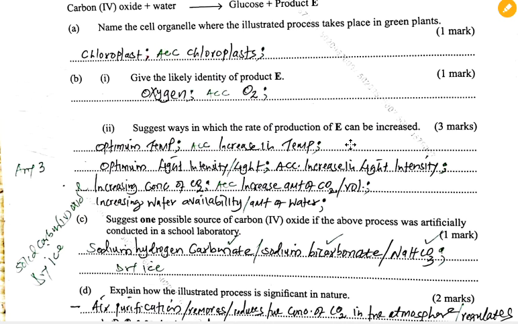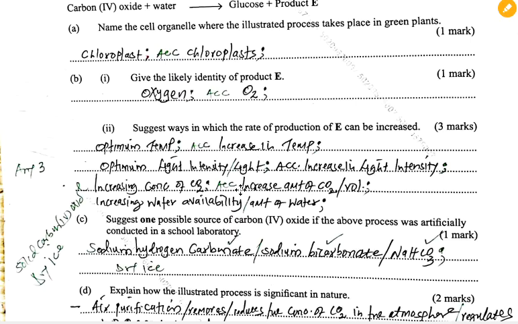And because photosynthesis is enzyme controlled, it means the process is affected by factors which affect enzymes, for example temperature, and at optimum temperature the enzymes are most active, and it means oxygen, which is product E, will be produced more, or there will be increased rate of production.